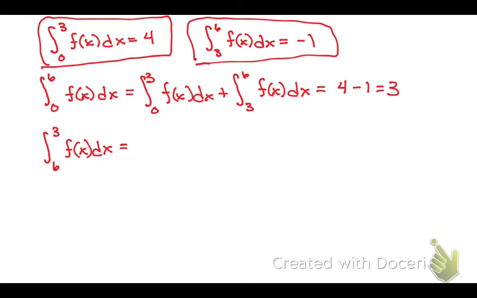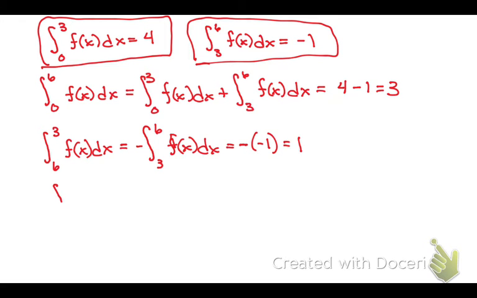And when we switch it from smallest to largest, what do I put up front? A negative sign. So from 3 to 6, my answer is going to be negative times -1, which would be positive 1. Do you see how today we're just manipulating rules?